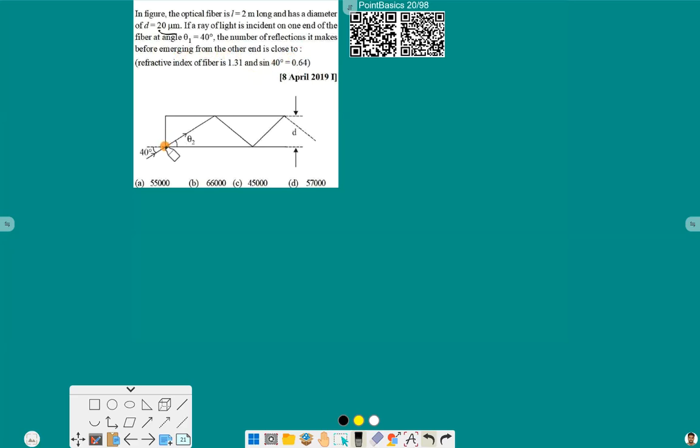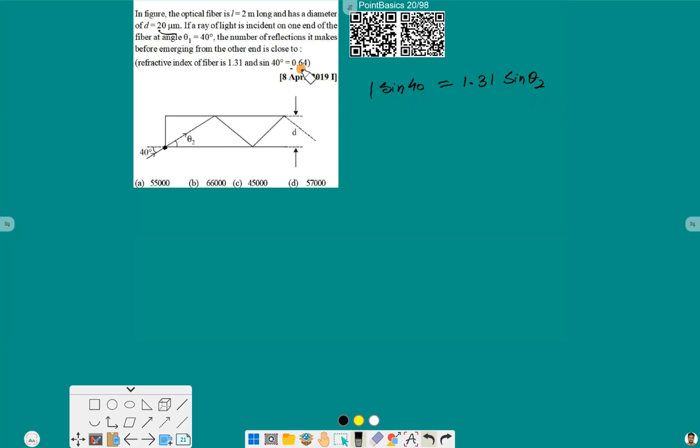So first of all, let us see at this point what we can do. We can apply Snell's law at this point. So we can write 1 into sine of 40 should equal the refractive index, that is 1.31 here, into sine of theta 2.